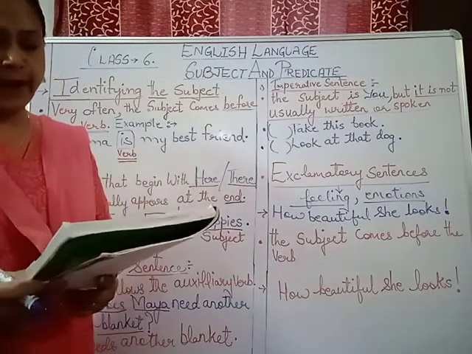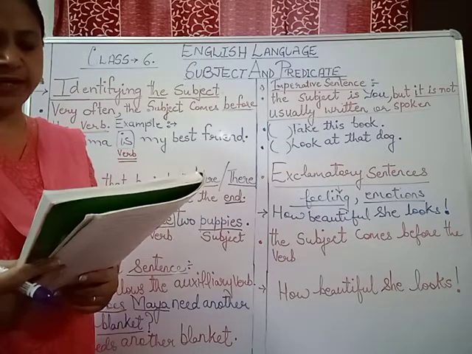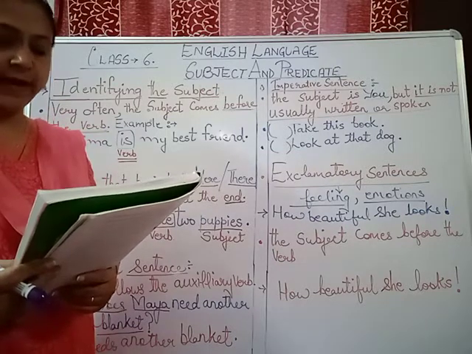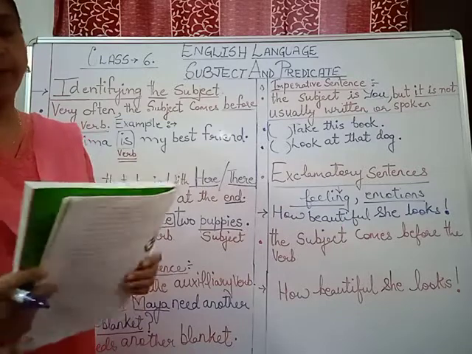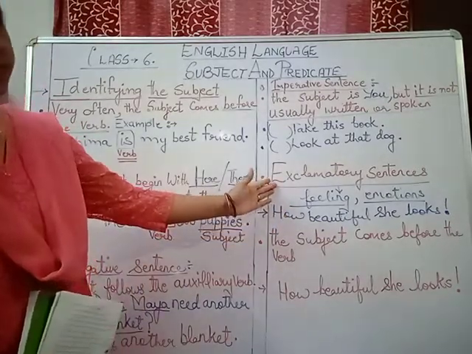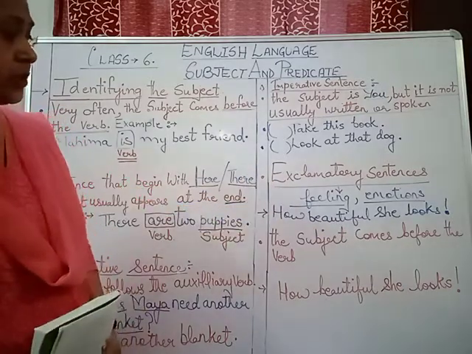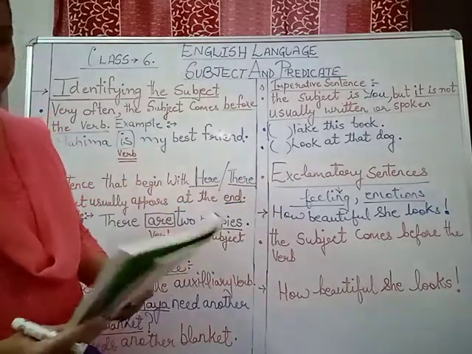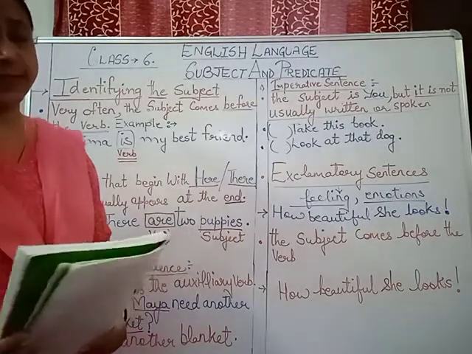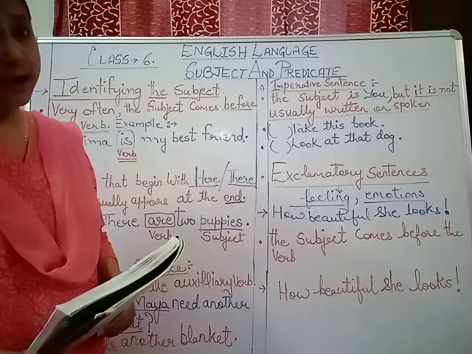We put an exclamation mark. To find the subject, you should change the exclamatory sentence into a declarative sentence. If we ask "How beautiful she looks," in a declarative sentence we can say, "She looks beautiful." We are giving an answer.